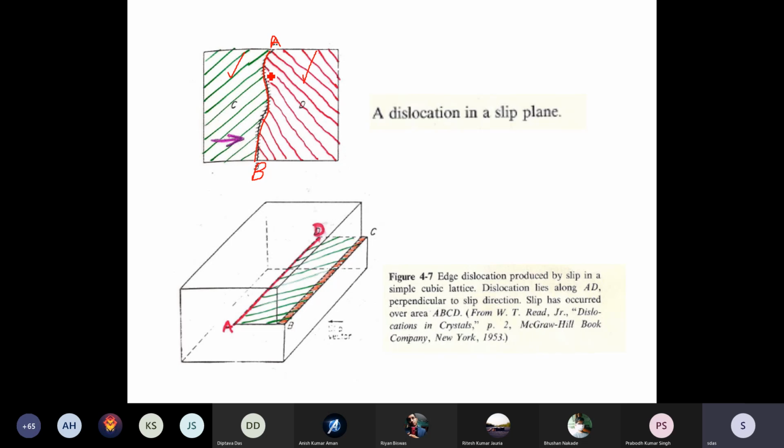Now the next question is, why am I calling it a region of localized lattice disturbance? Here, at the top of the C region, all the atoms moved by 1 atomic distance.